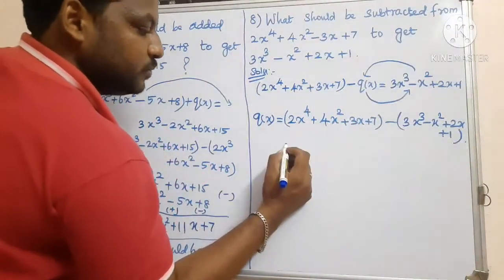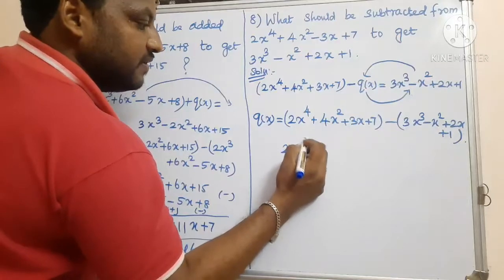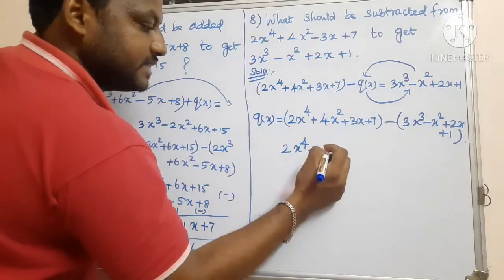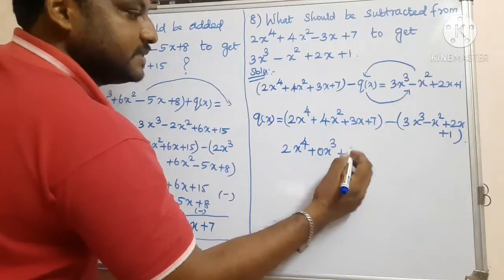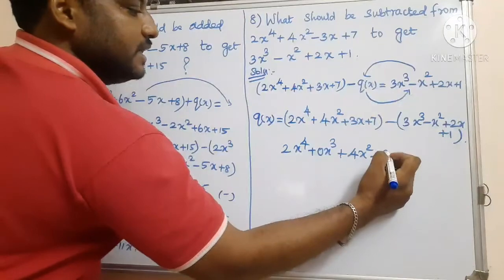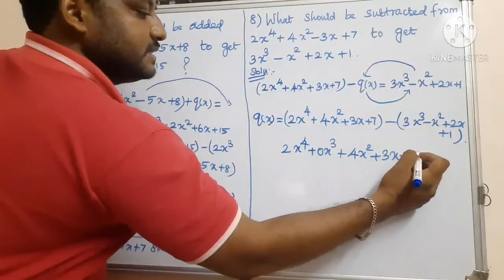So first polynomial should be written as 2x power 4. X cube term is missing, so you have to write plus 0x cube plus 4x square plus 3x plus 7.